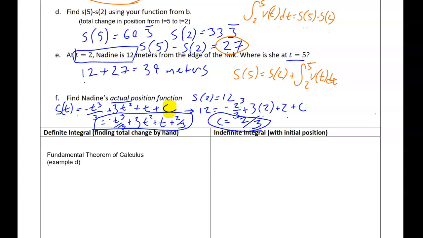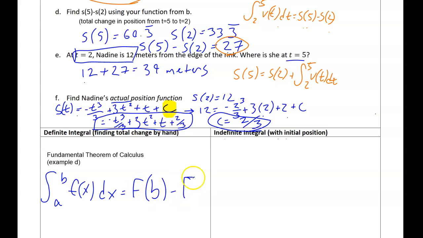And what this says is that to find a definite integral from a to b of any function, well, that's equal to capital F of b minus capital F of a. And the key here that makes this a little trickier to understand is that capital F is meant to represent any antiderivative of f, right?